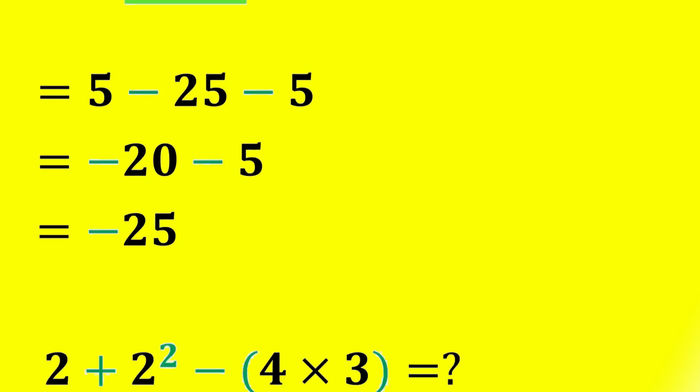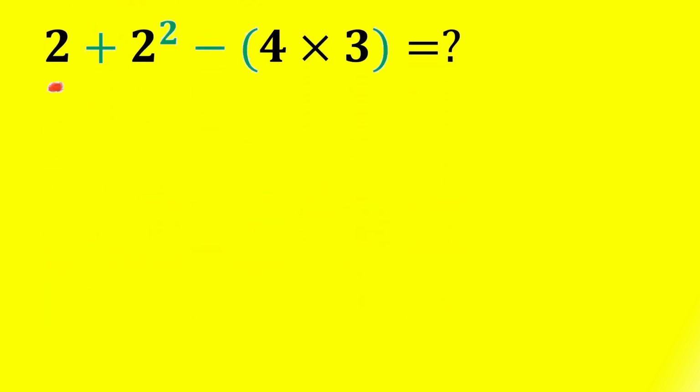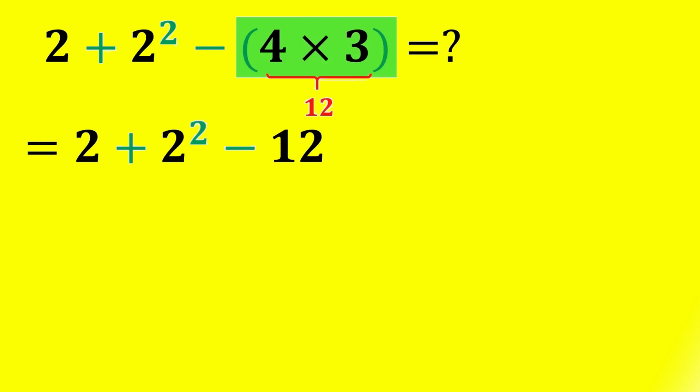Now, let's move to the second example. 2 plus 2 squared, minus open parenthesis, 4 times 3, close parenthesis. According to PEMDAS, we always start with what's inside the parentheses first. So, inside the parentheses, 4 times 3 equals 12. Now the problem becomes 2 plus 2 squared minus 12.